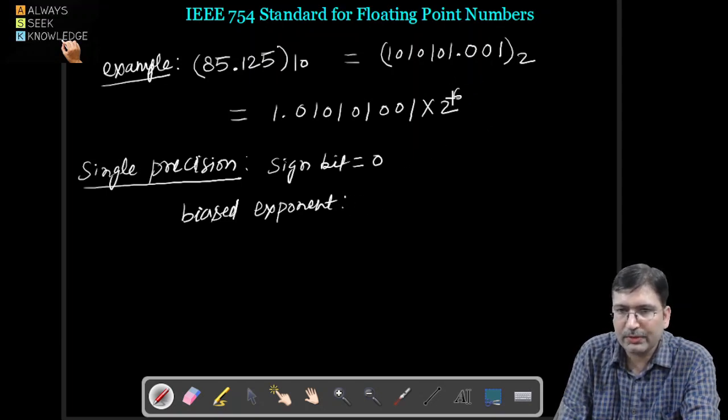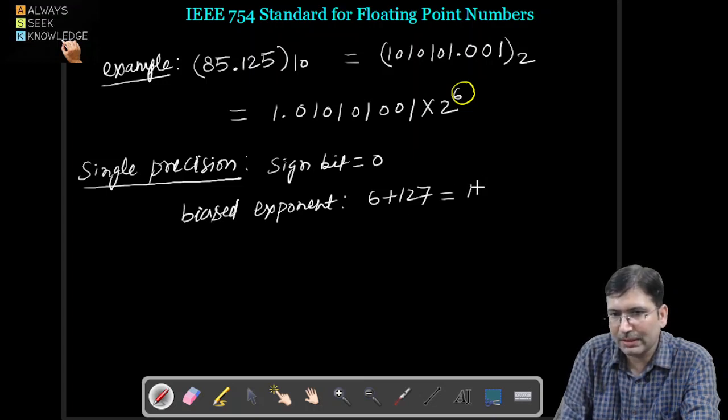So this exponent, which has value 6 here, will be stored as a biased exponent. We have to add 127 and 6, and we need to store it in 8 bits. This will give us 133.